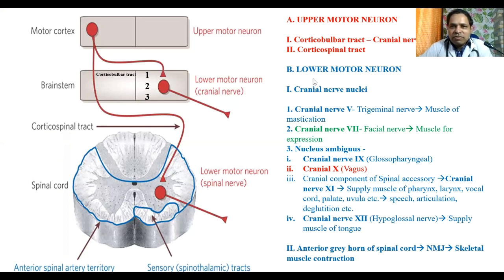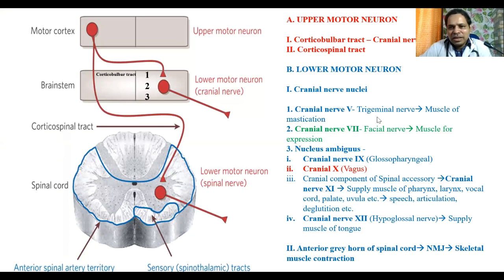And you have seen the function of these nerves, so please go and study the function of cranial nerves. If there is any lesion here, you are going to get the signs and symptoms related to these nerves. That means in a lesion of either the upper motor neuron of the corticobulbar tract or the lower motor neuron of the cranial nerves, you're going to get signs and symptoms related to these cranial nerves.